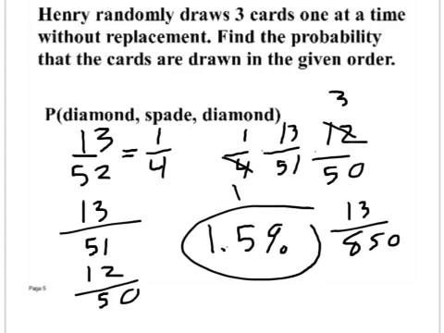Yeah. So we need to find the probability of drawing a 4. Okay, how many 4s are in a deck of cards? There's 4 of them. There's 1 four for each suit, right? Okay.